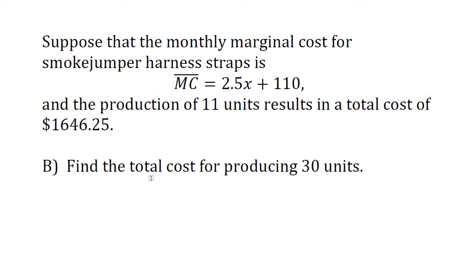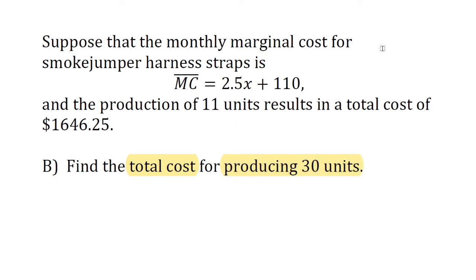Okay, so once we have found our total cost function, it is so valuable for us, because in part B here we can find the total cost for producing 30 units. So we want a total cost at producing 30 units.